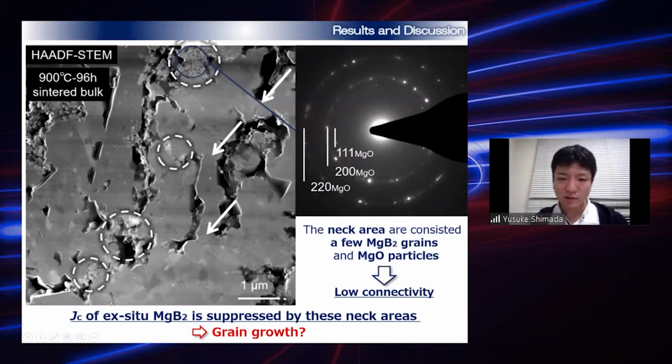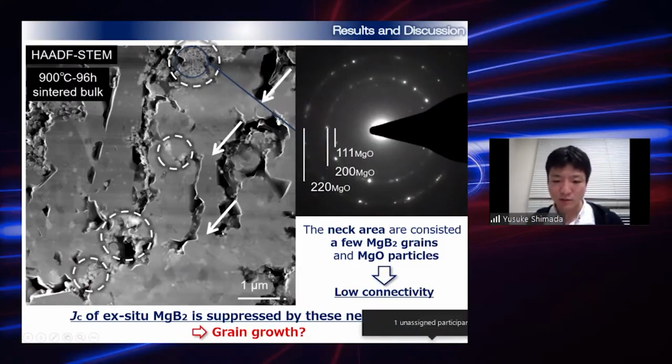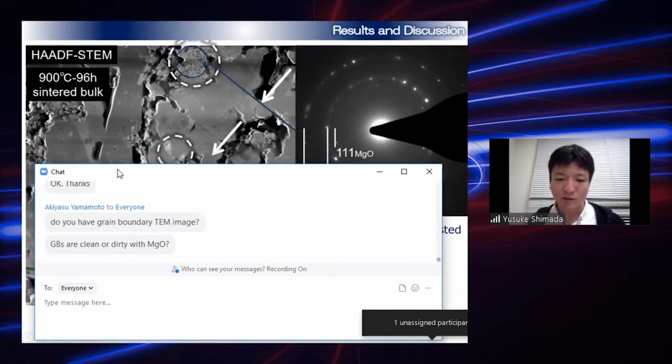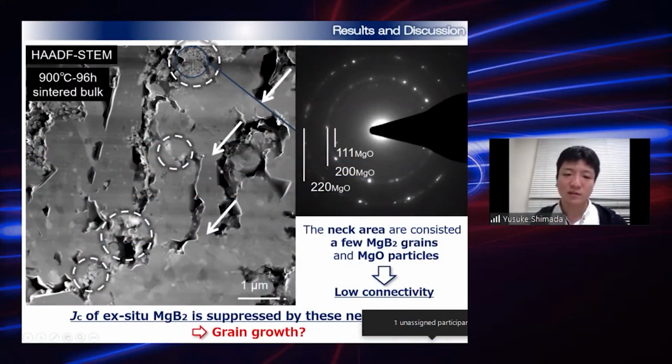I don't have this kind of neck area structure, but I'm sorry, I didn't prepare this in the presentation. Are the grain boundaries clean or dirty in the image? So this grain boundary here is clean, without magnesium oxide particles on the atomic scale.